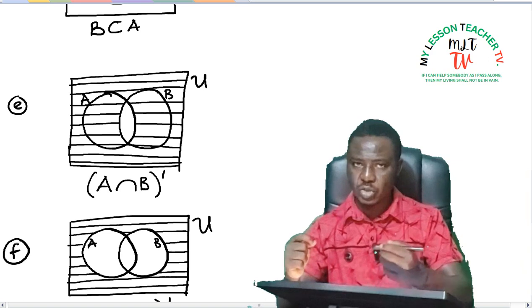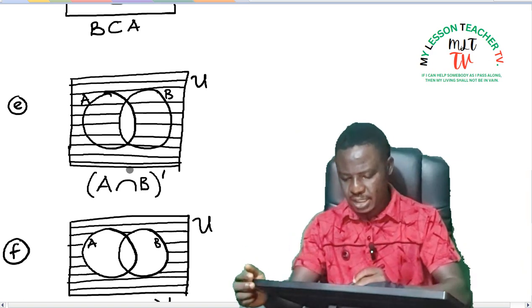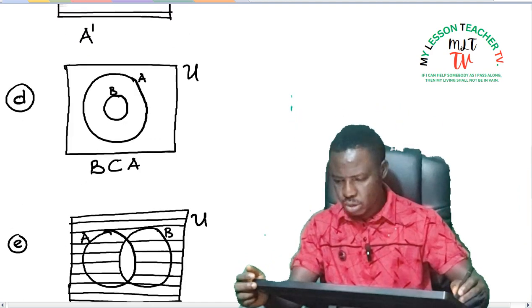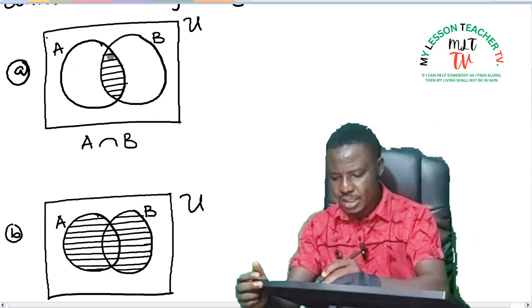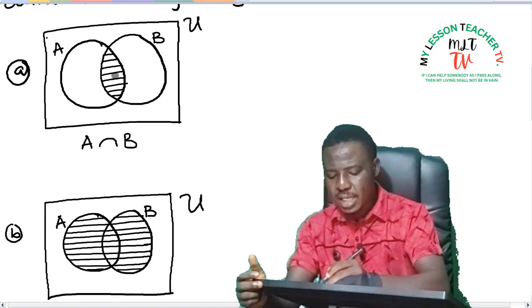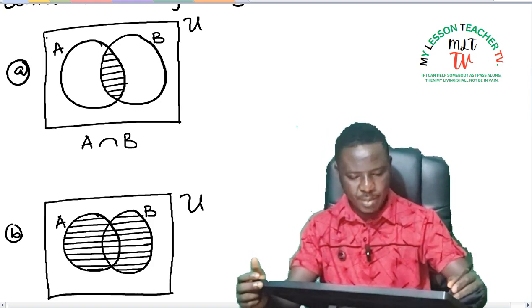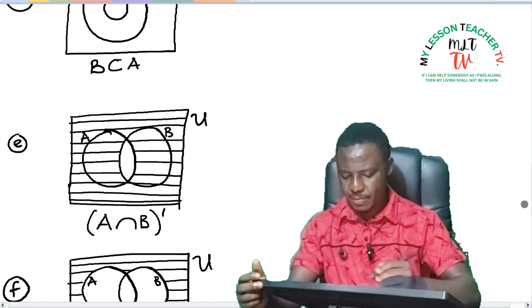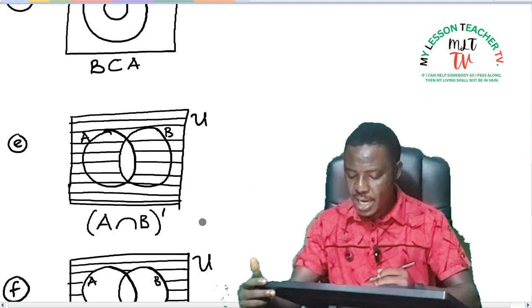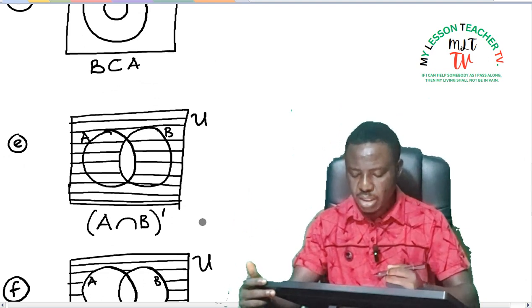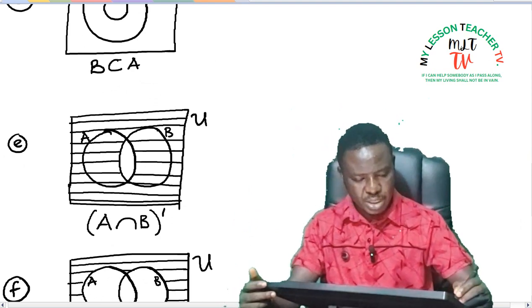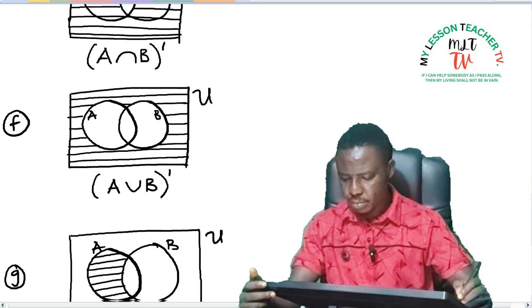Now, we are looking at A intersection B prime, of which A intersection B is this intersection between A and B as shown in A. Then every other part of the set, excluding A intersection B, is A intersection B prime, and that is what we have in E. Meaning elements you can find in the universal set, but cannot be found in both A and B. So this is how it is represented using the Venn diagram.